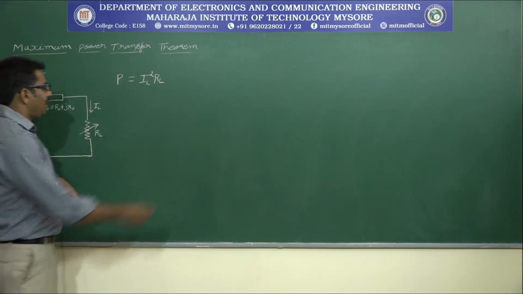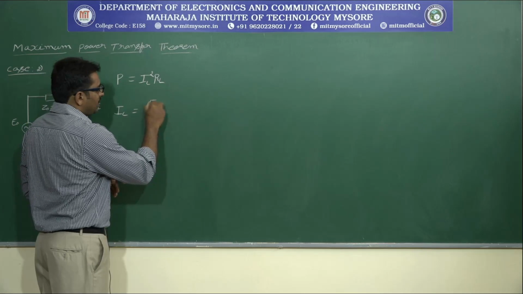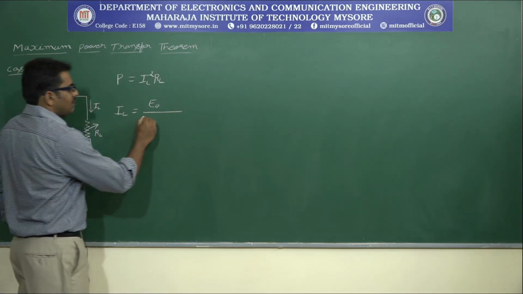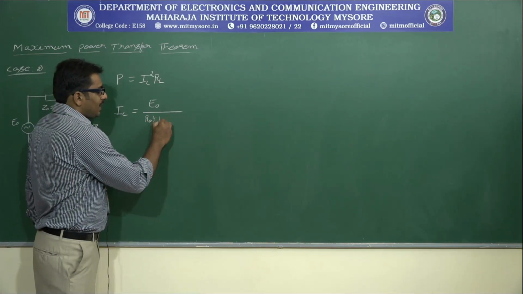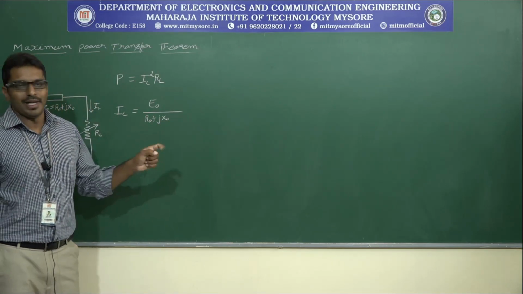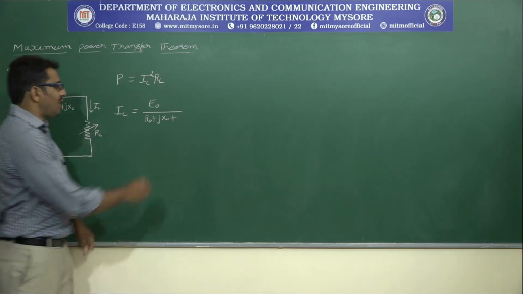I will explain how. IL is equal to, what is the supply voltage in this circuit? E0 divided by, what is Z0? Z0 is equal to R0 plus j X0, that is the internal impedance, plus the load resistance value RL.